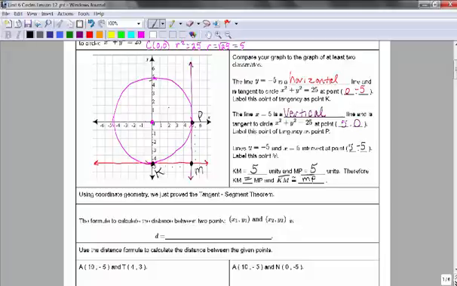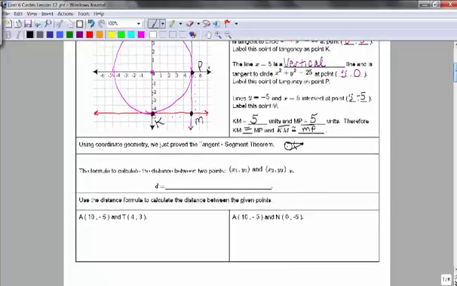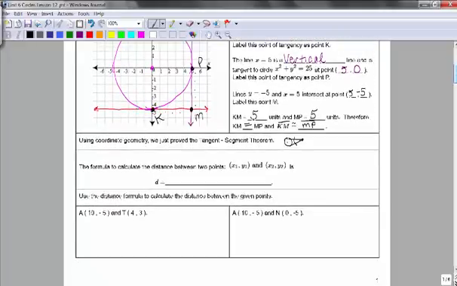The tangent segment theorem, if you remember, is if you have a circle and you have tangent segments that come from an external point, those tangent segments are congruent. Now we need to revisit how we calculate the distance between 2 points when those 2 points do not lie on either a horizontal or vertical line.